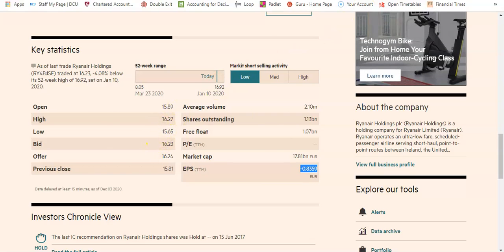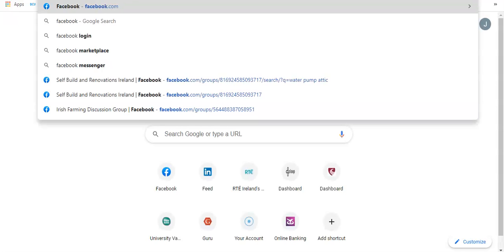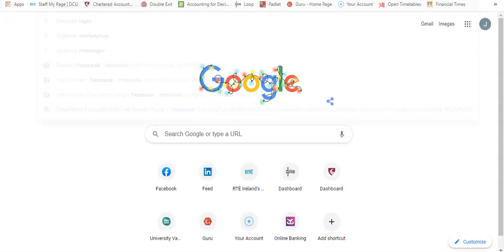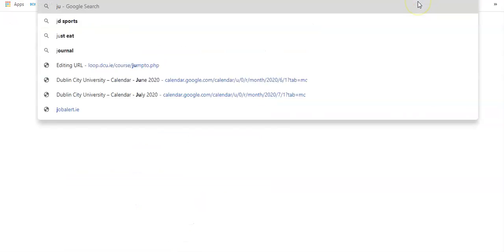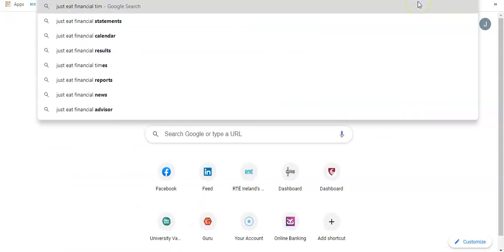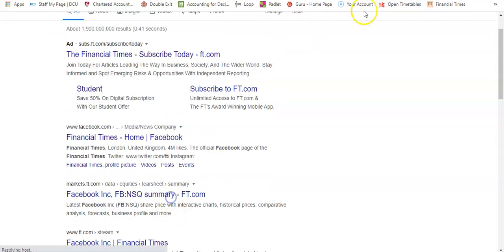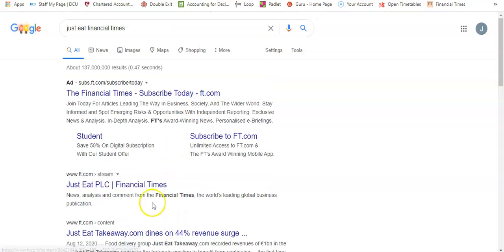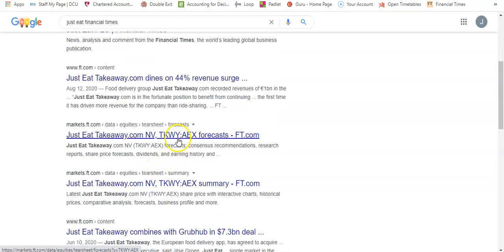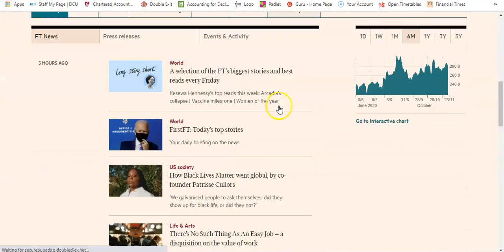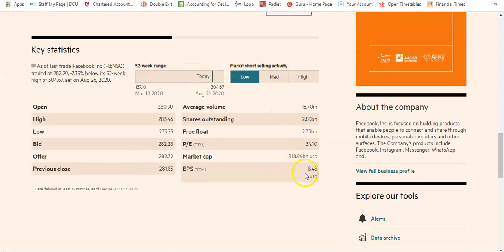You can get unusual ones. If you go, for example, Facebook, Financial Times, and, for example, I think Just Eat as well. Just to give you an example of other ones, just to show you different ones. So your Facebook is an example. $8.43 earnings per share.